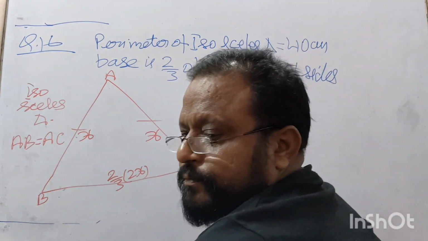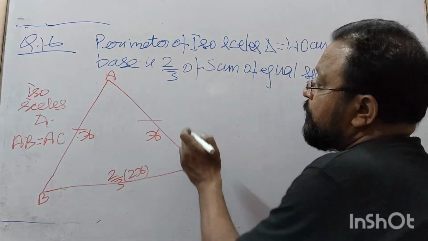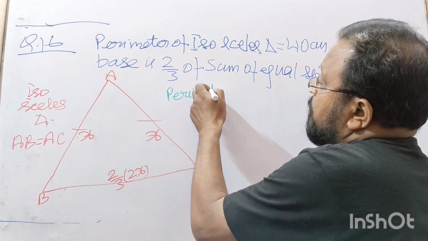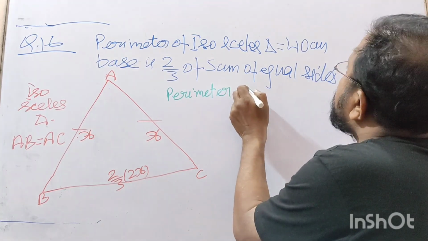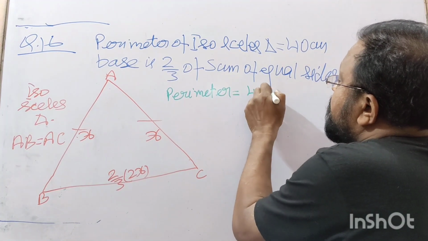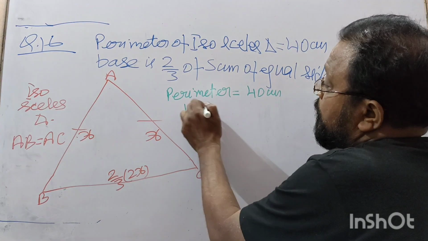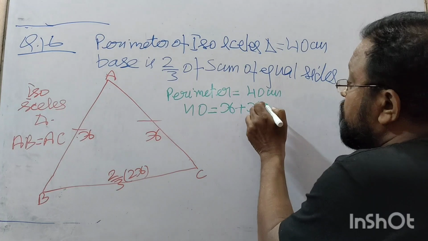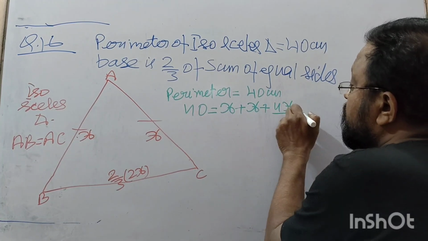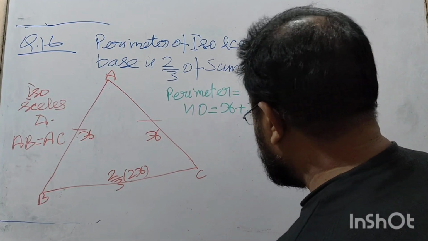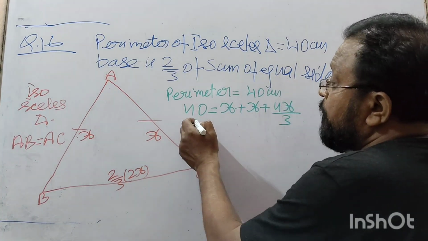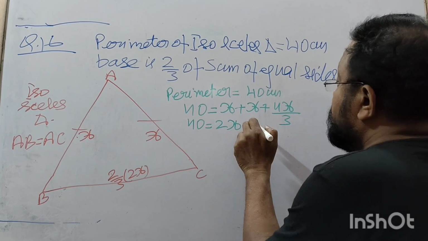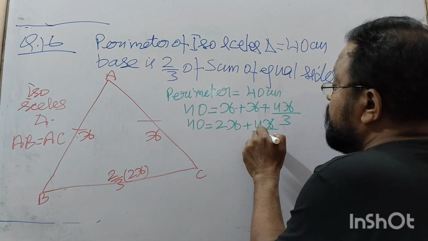The perimeter is equal to 40 centimeter. So 40 is equal to 2x plus 4x upon 3.